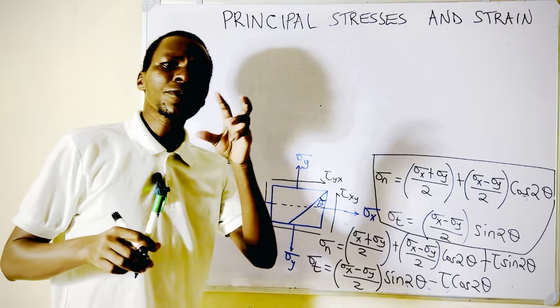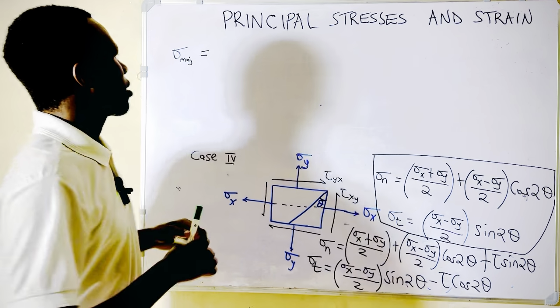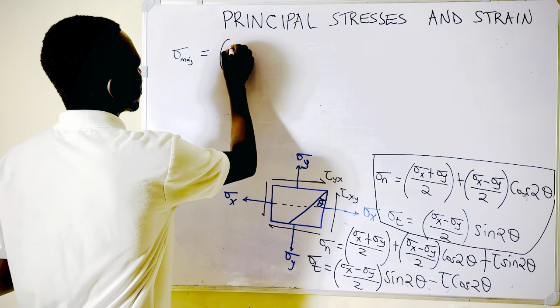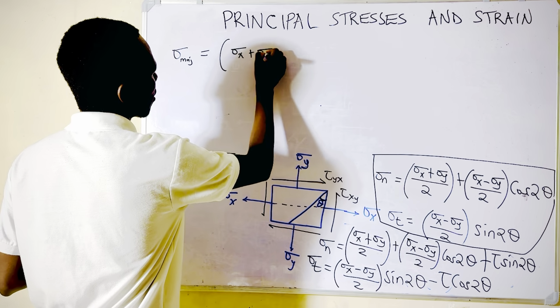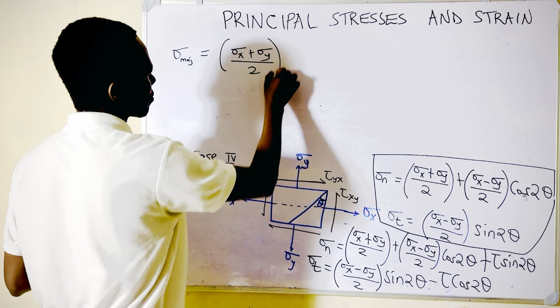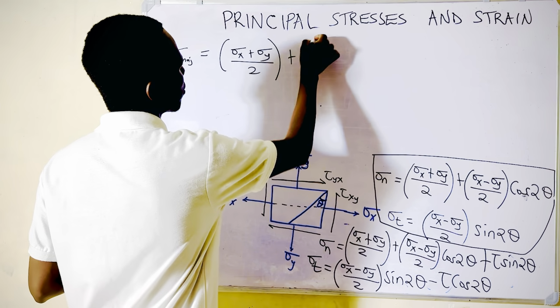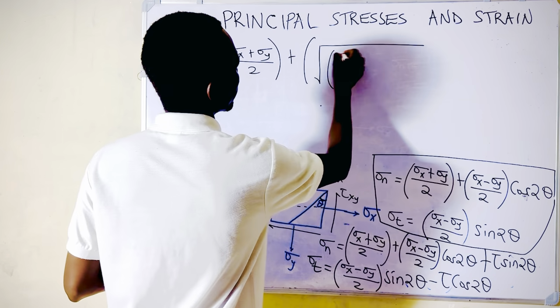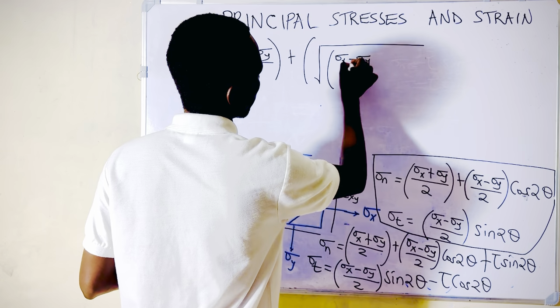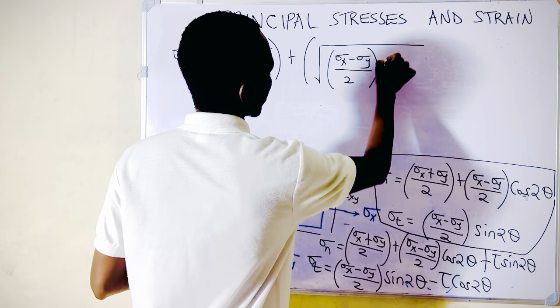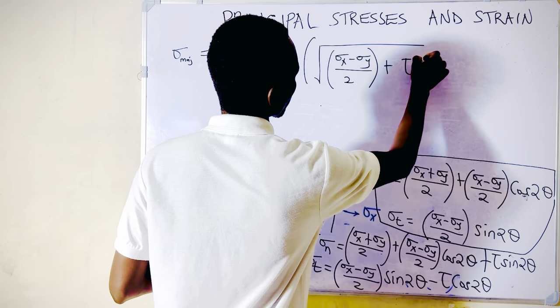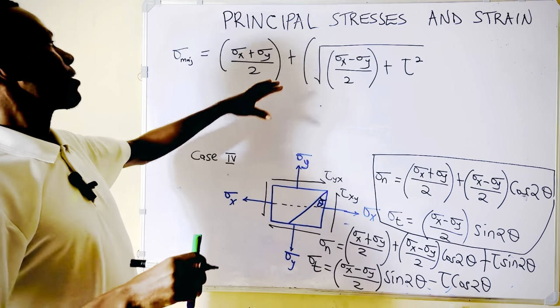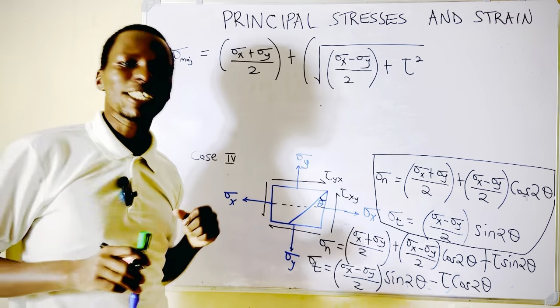In the major principal stress expression, you have to consider sigma x plus sigma y by 2, and then plus root of sigma x minus sigma y by 2, and here is plus tau square. This is for the case of major principal stress.